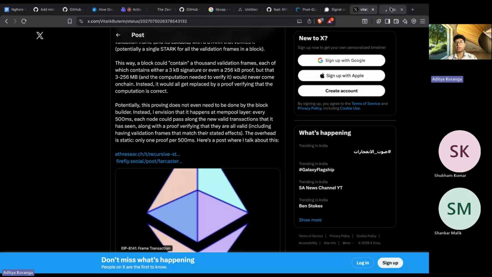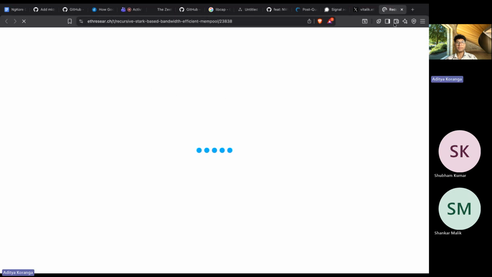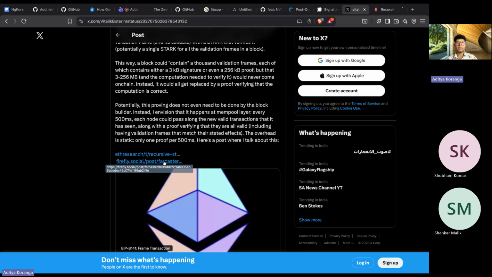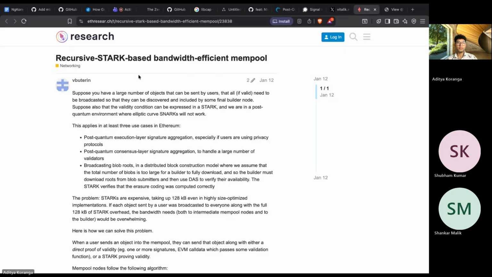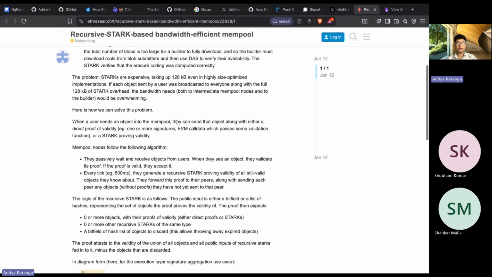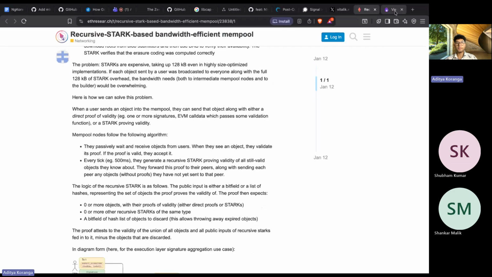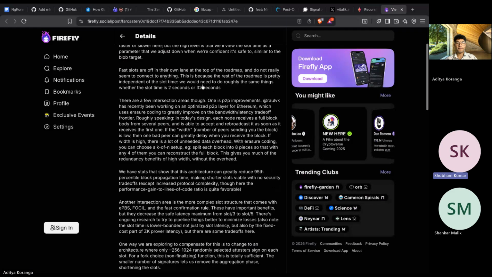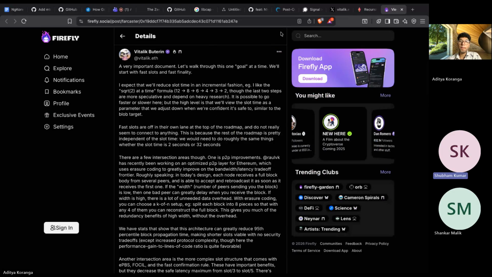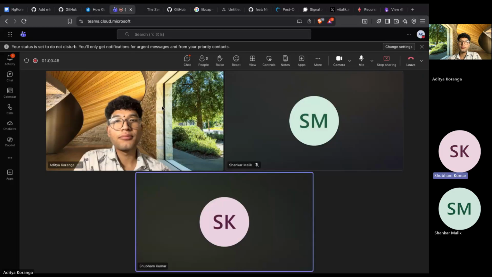For example, if you look at this, I think this is also part of one of the EIPs. I've also added one of the proposals I read a while ago. I've also added a link in the chat section.